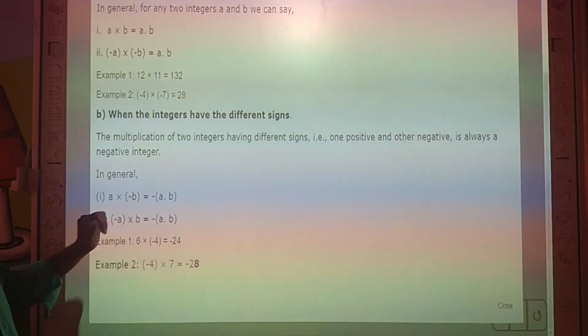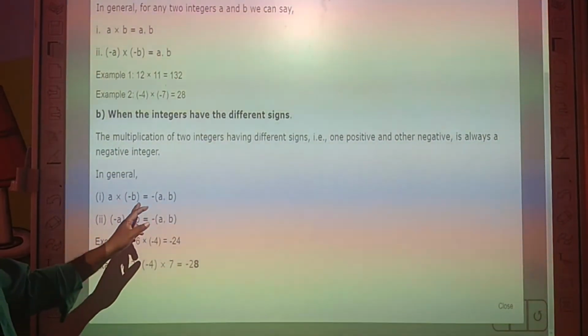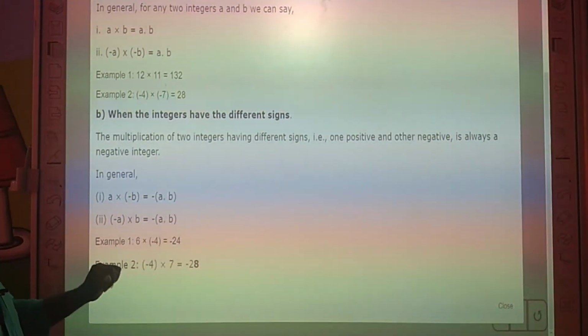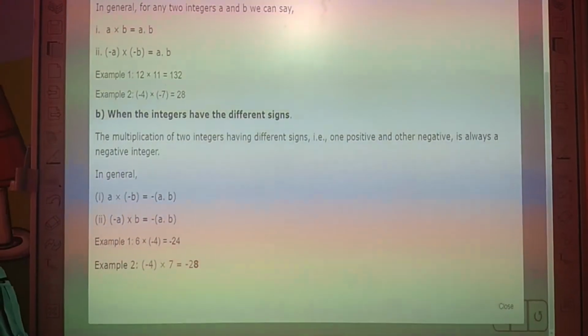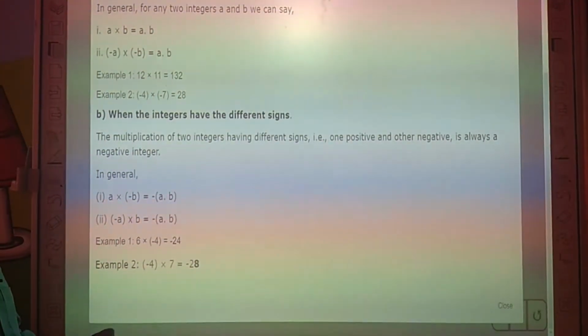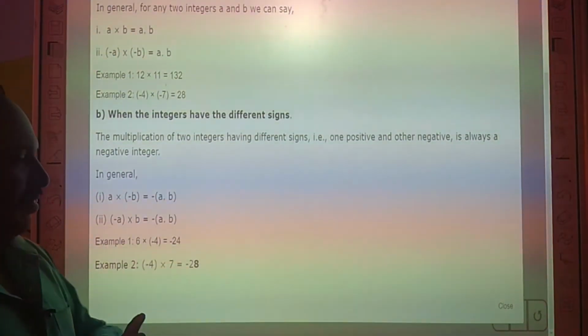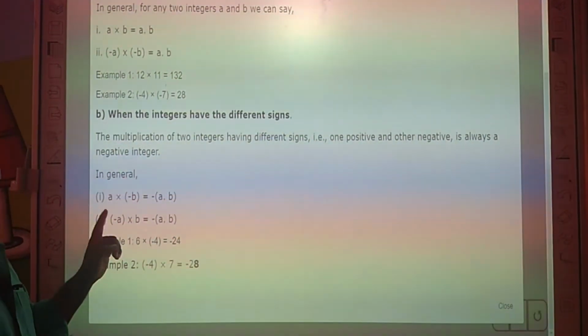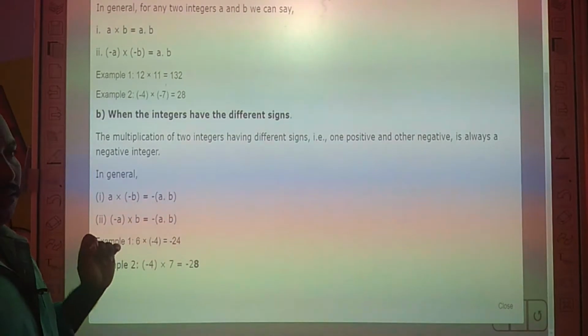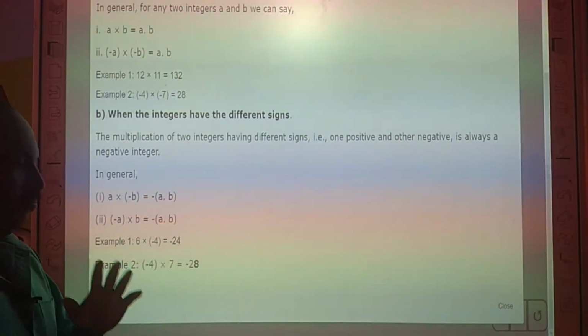A into minus b is equal to minus a b. That means a is a positive integer and b is a negative integer. We multiply two numbers, our answer is negative. Plus into minus is equal to minus.